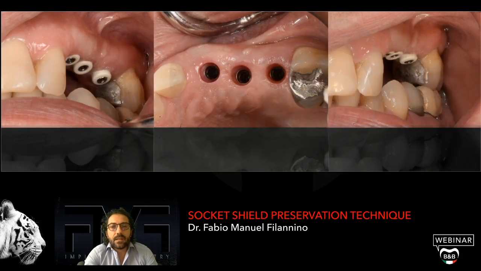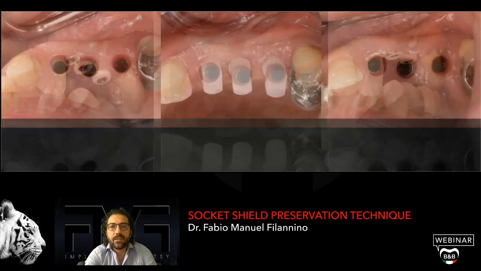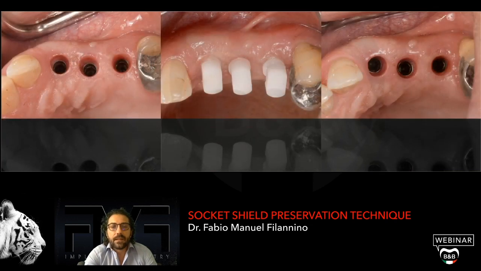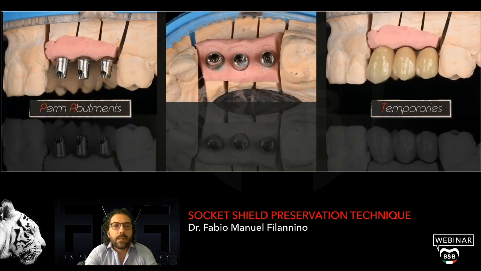So these are the pictures right after unscrewing the healing abutment, the day that we took the impression to then deliver the abutment and the provisional. These are the pick-up transfers, the snap-on pick-up transfers, and at this point we were able to deliver the permanent abutments and the temporaries.